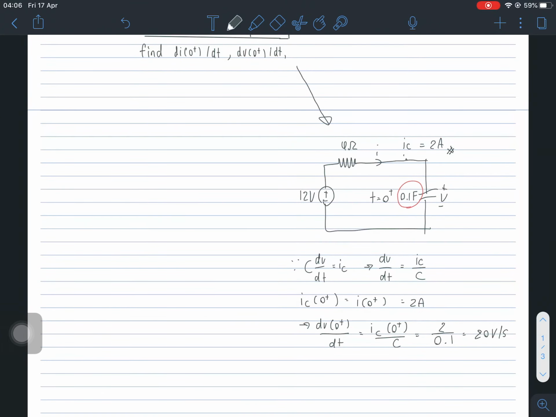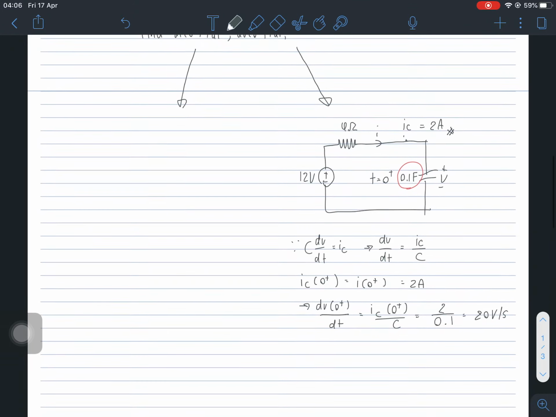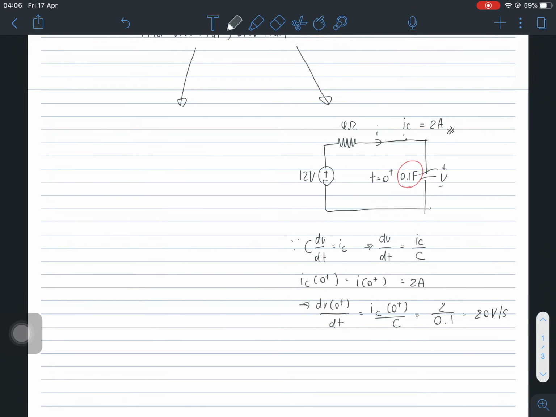And the next one is di(0+)/dt. So we should redraw it at t equals 0 plus, for t greater than 0, right? It should be like this. I draw first, so I can explain later.